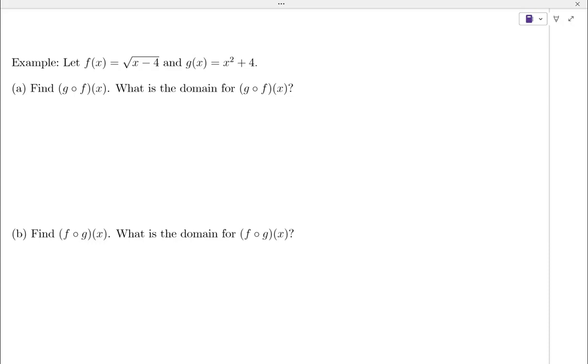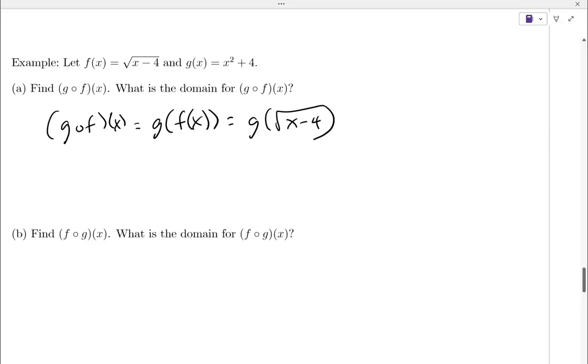So let's look at this. It says find g of f of x, and then find its domain. f of x in this case is what? The square root of x minus 4. Right? And then again, what does this tell us to do? Plug it in for x into the g function, right?